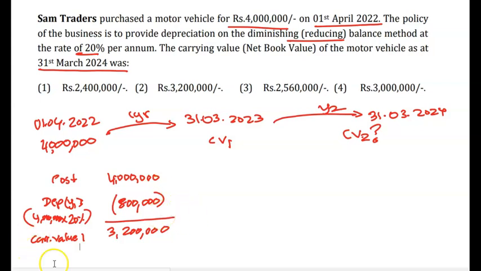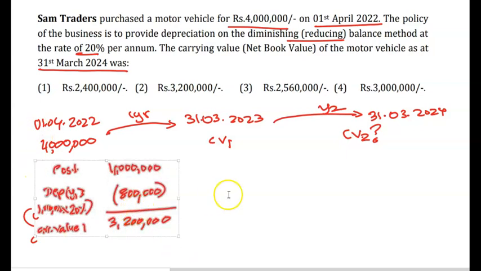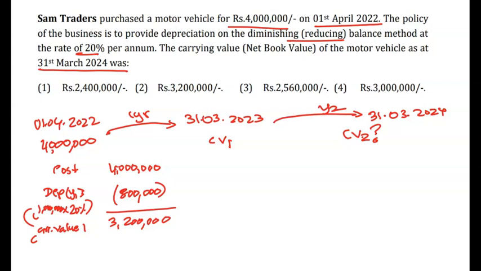Thereafter, what's happening is you have to calculate. So carrying value is 3.2 million.